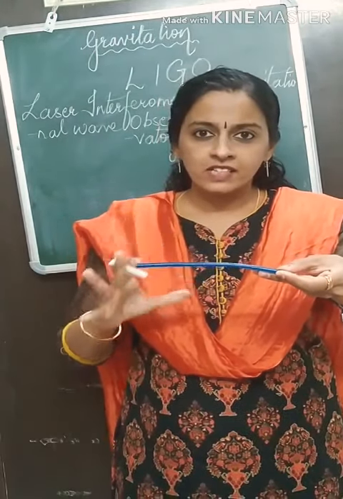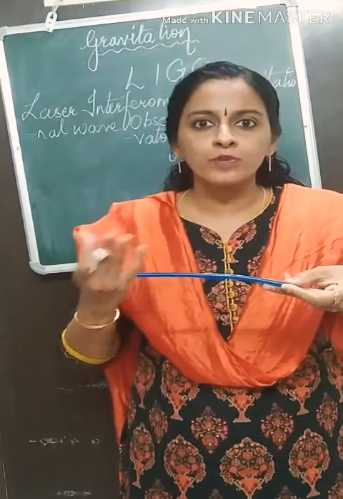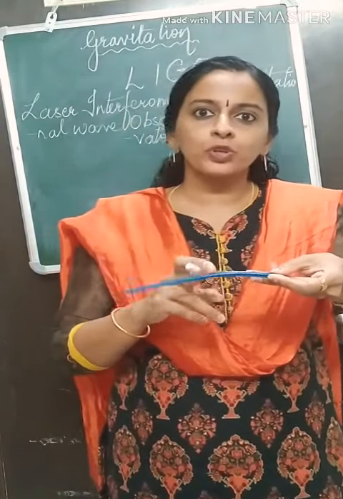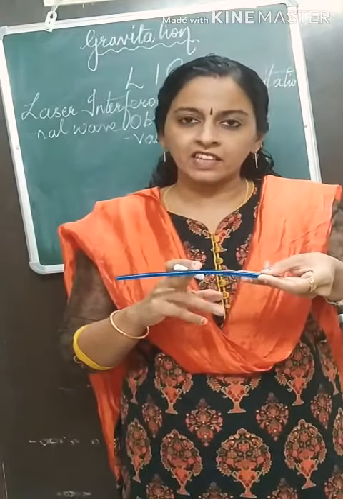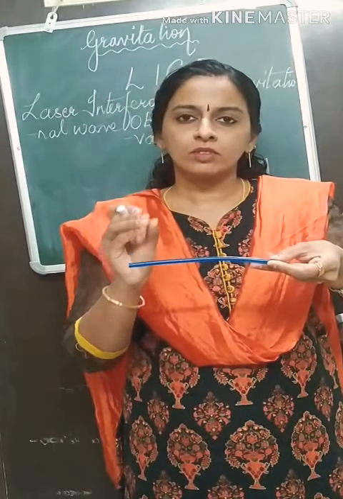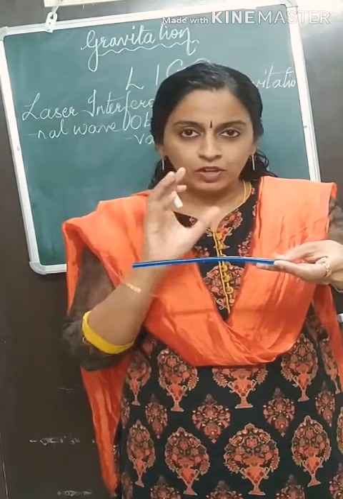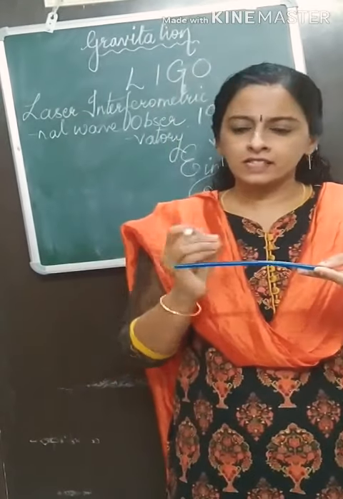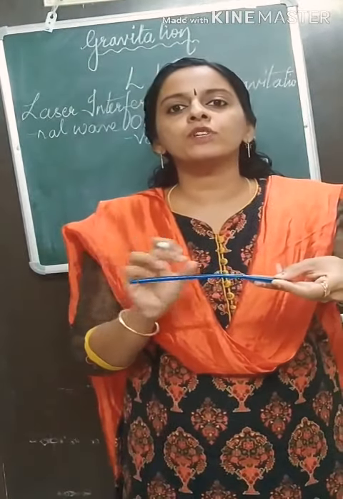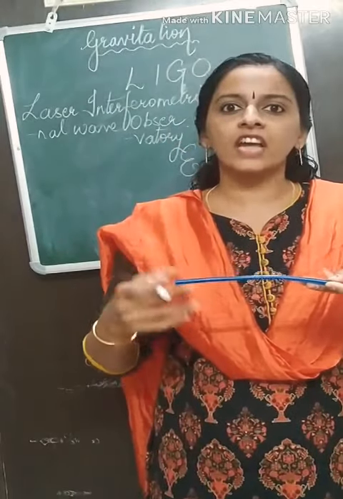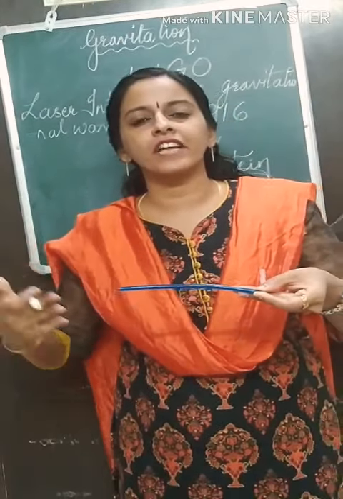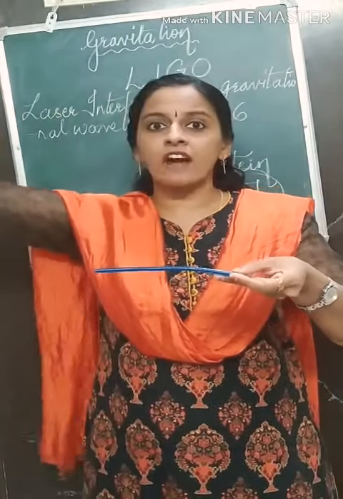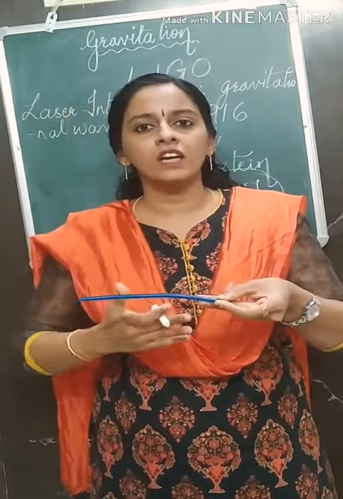Whenever there are gravitational waves, it is observed that these two tubes of equal length shrink by a certain amount. Through the naked eye we can't make it out. It is a very small amount. The tube shrinks by a very small amount, and this shrink is because of the gravitational waves which have travelled from space to the earth.